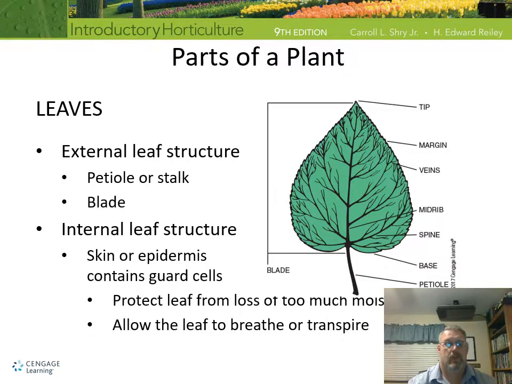Really important, the leaf is the part of the plant that allows it to transpire. This is very similar to when we sweat. A plant actually transpires. It moves water through its roots up into its leaves, and the water then leaves out of the bottom of the leaves.